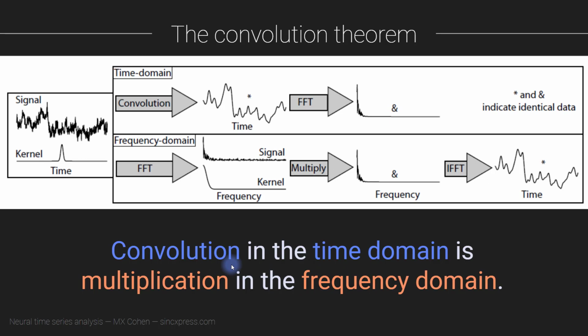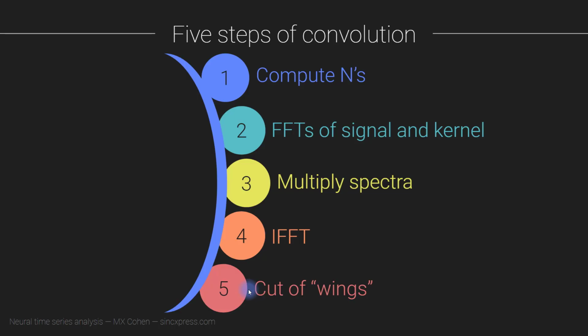But in general, certainly for time frequency analyses, we are only interested in convolution in the time domain implemented through spectral multiplication. So here are the 5 steps of performing convolution. The first step is to compute the Ns, and by the Ns I'm referring to the number of time points in the signal, the number of time points in the kernel, the wavelet, and the length of the result of convolution, so n plus m minus 1.